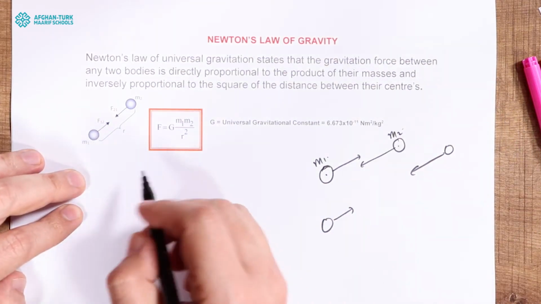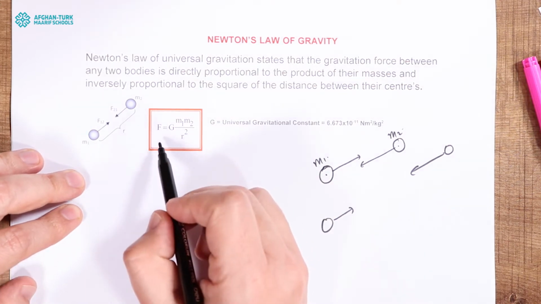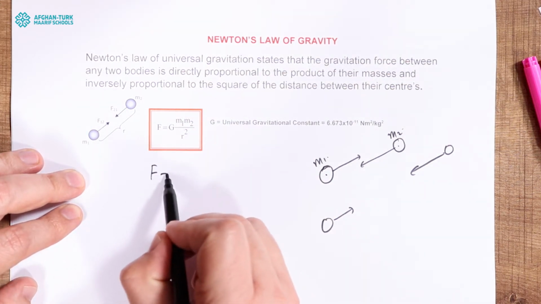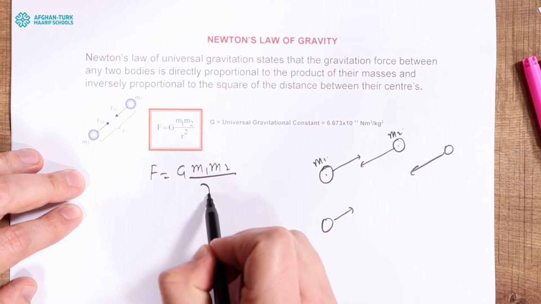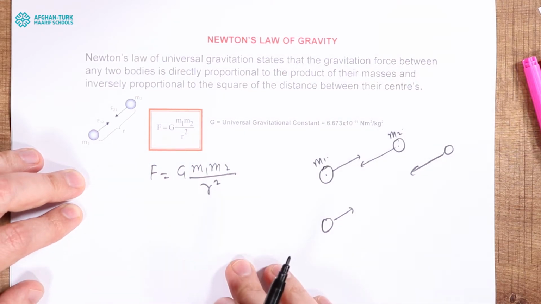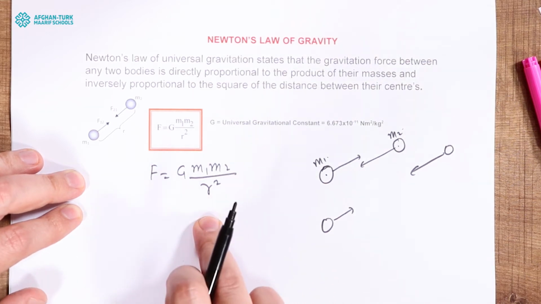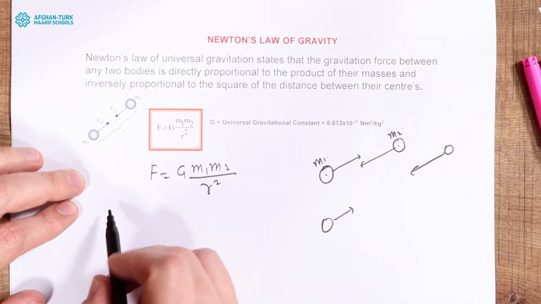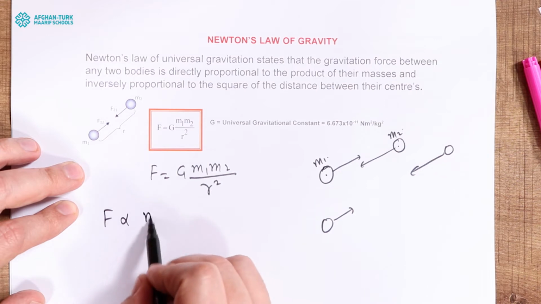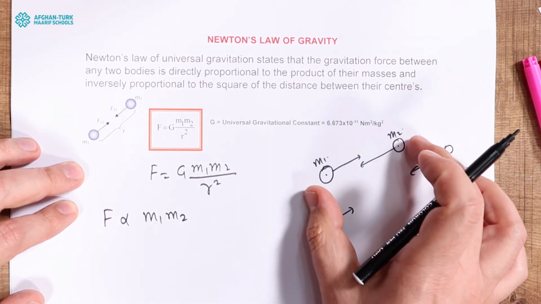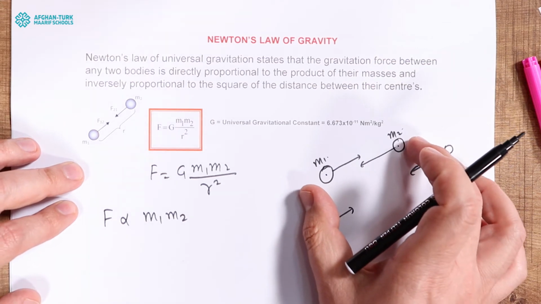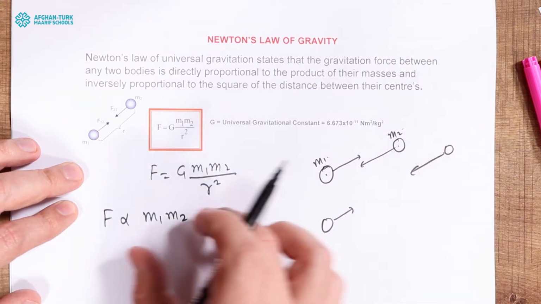So let's see how he discovered this formula. F is equal to G m1 m2 divided by r square. This is Newton's law of universal gravitation formula. Let's see how. Newton says F is directly proportional to the product of their masses: if we increase the masses, the force of attraction also increases.